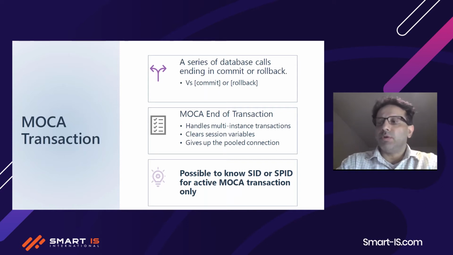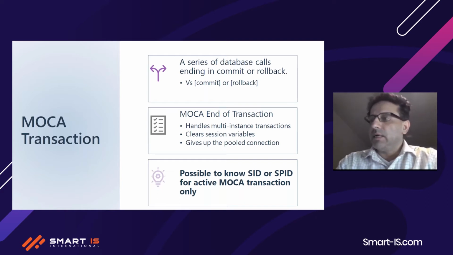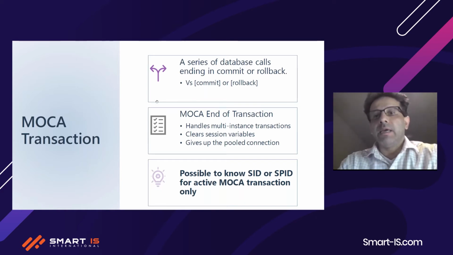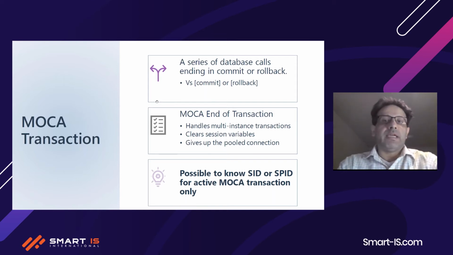So answer is no. Moca handles the database transactions very elegantly and how they are supposed to be done. So that is never an issue that we have to deal with. Of course, if we have a commit or rollback within our transaction in an exceptional scenario, that could create certain orphan records. But beyond that, when it is something straightforward and simple, multiple updates are all happening within a single transaction, and that transaction is handled quite elegantly.